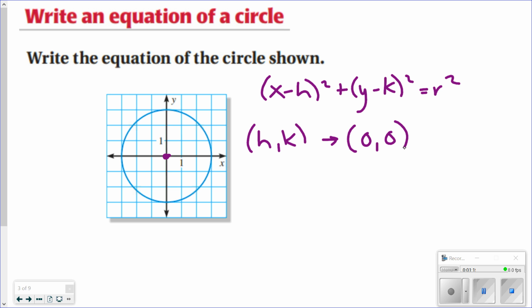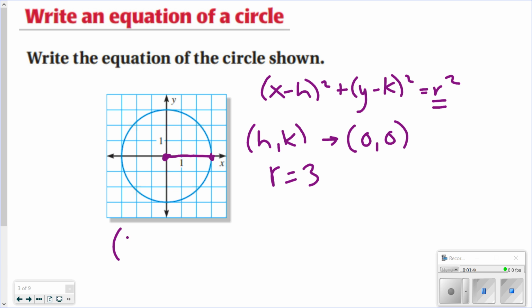Now we need to figure out what is our r value. What is the radius? Well, the radius goes from the center to the outside of our circle. And if we count, we see that the radius is 1, 2, 3. So r is equal to 3. So now let's plug in what we know into our equation.